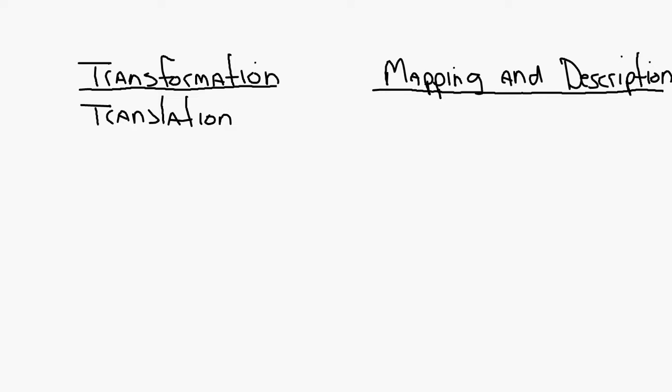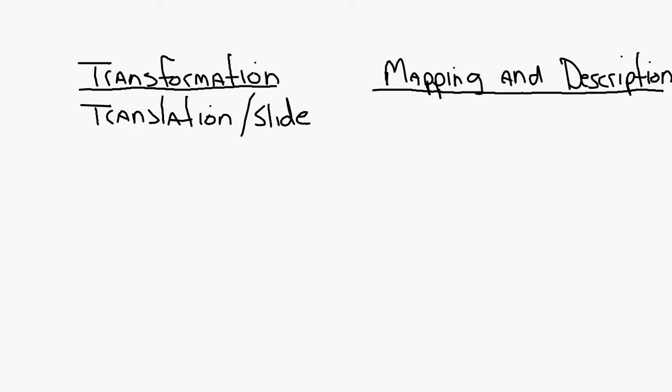The mapping rule for a translation, which I remember as a slide. Okay? The image either goes to the right or to the left, or it can go right and then up, right and down, left and up, left and down. It's just where you take the image and you slide it on the coordinate plane. Its size stays the same, but the image just gets moved by a rule.